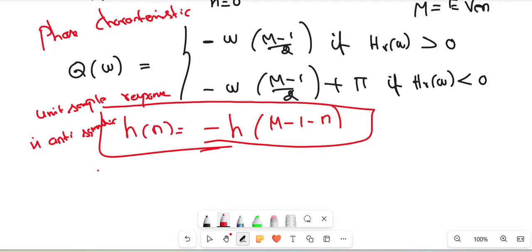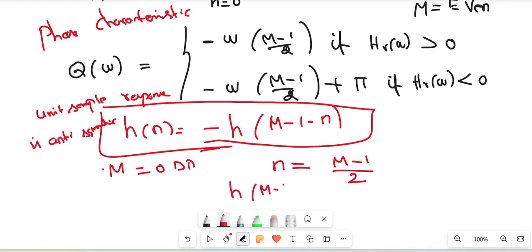If M is odd, the center point for the antisymmetric case will be n equal to (M minus 1) by 2. So, consequently h of (M minus 1) by 2 equals 0.